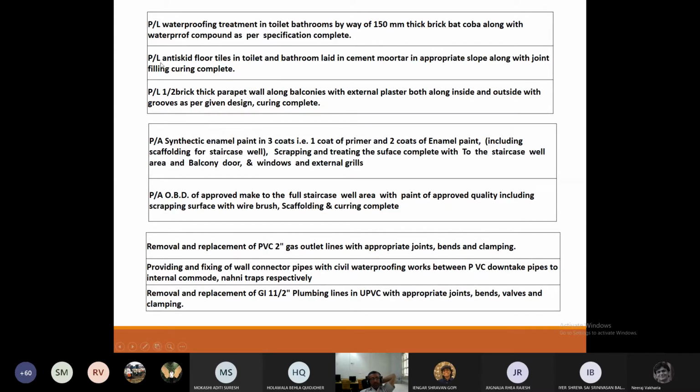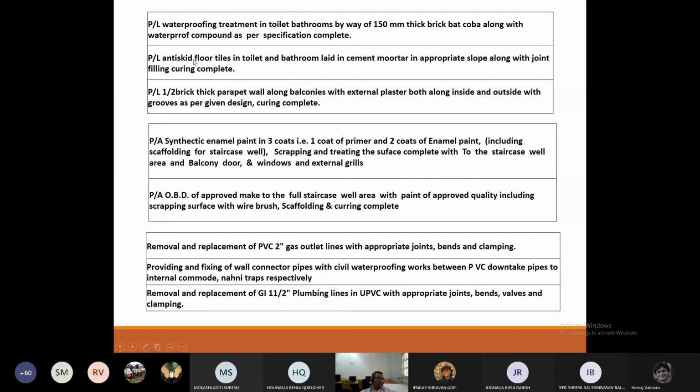Look at this. Providing and laying anti-skid floor tiles in toilet and bathroom laid to cement mortar in appropriate slope with joint filling curing complete. Now here the anti-skid floor tile company name or the sizes are not given. In order to be safe, it would be necessary that those are given.